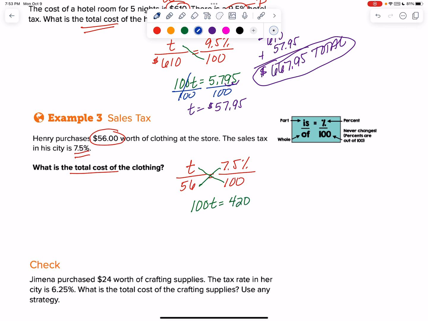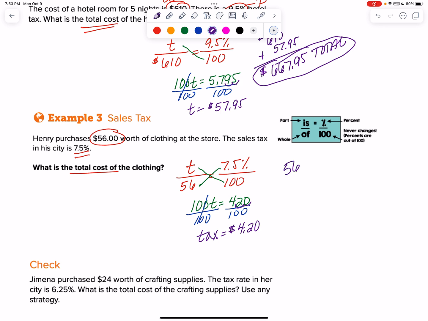Okay, how do we isolate the variable? Do the inverse operation to both sides, and we end up with a tax amount of, swoop, swoop, $4.20. Okay. All right, let's go ahead and add that to the $56.